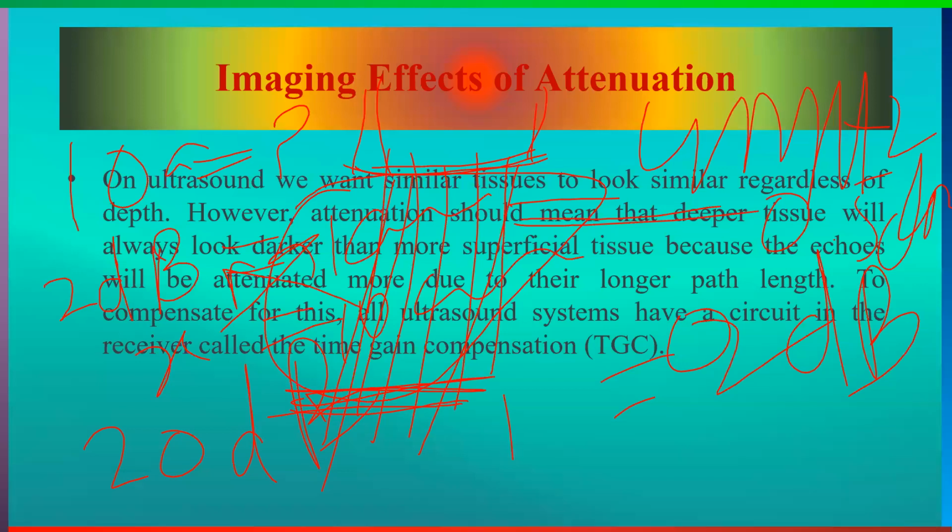So by 20 decibel attenuation, we mean that the sound waves weaken at a rate of 100 times.